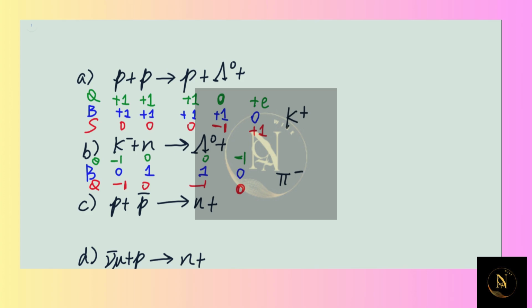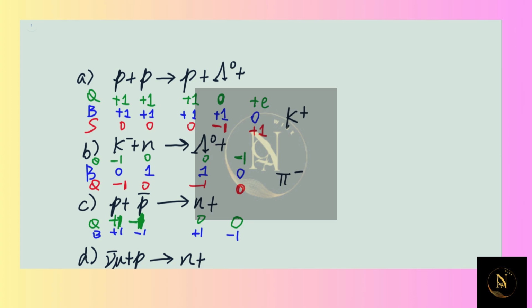Then let's look at part C. Let's look at the charge. Charge is 0. This is +1, -1, so it's total 0. And then let's look at baryon number. Baryon number cancel each other before, because we have +1 and -1, +1, so it must also be -1 because the total has to be 0 before and after the reaction.